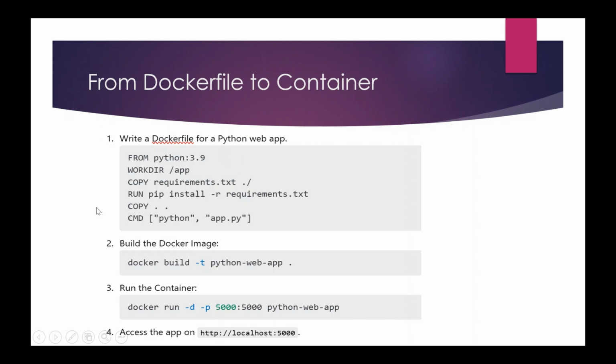So this is how we create a Docker file, we build the image, and we build the container using that image. Okay, so if you see, the container is dependent on the image, and the image is dependent on the Docker file. To create an image, you will first have to create the Docker file. To create a container, first you will have to build the image. So these are the steps.